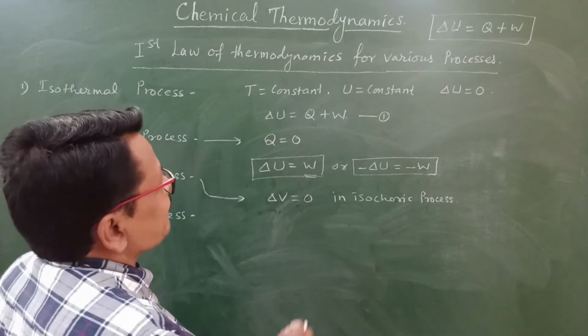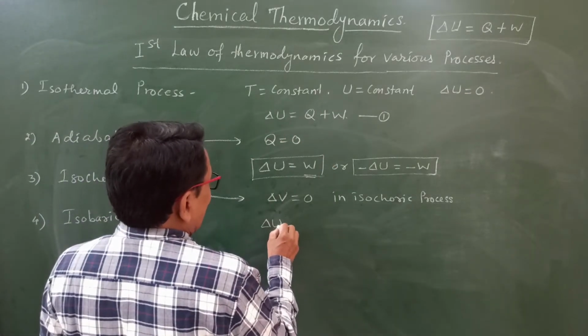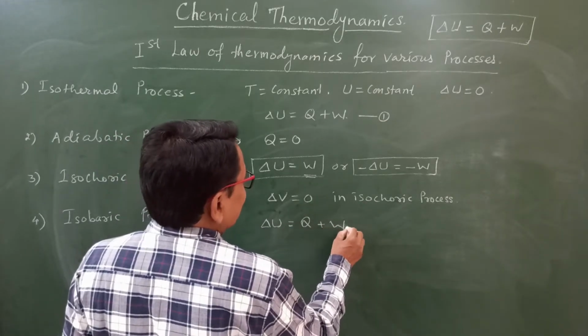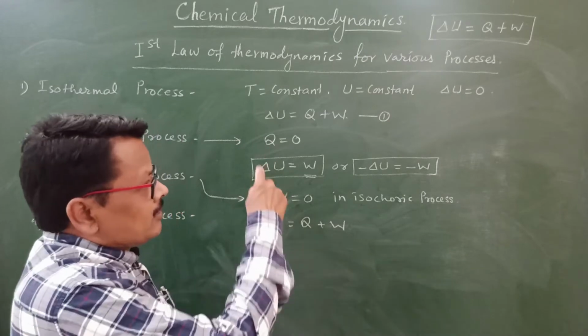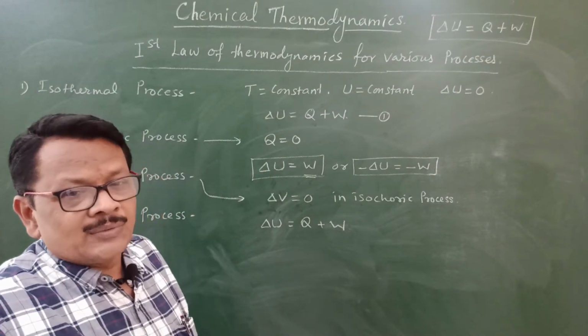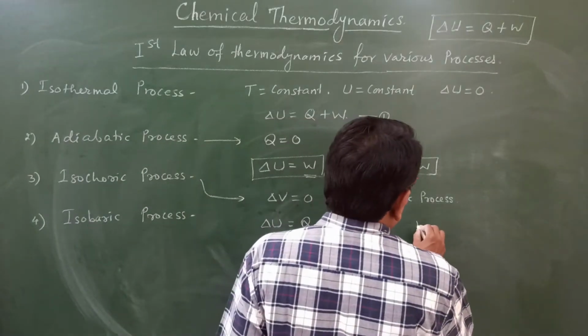You see here in the first law of thermodynamics, delta U is equal to Q plus W. We saw the expression for work done in PV type of work, or simple work. What is the work done W?